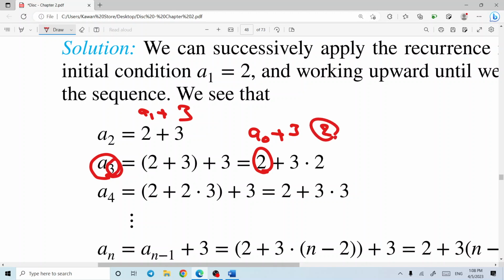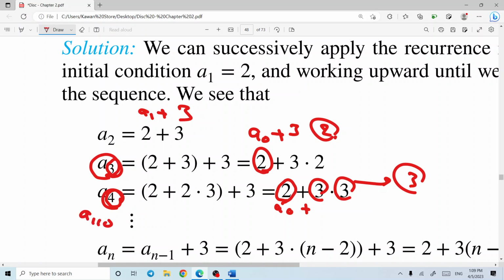Am I right? a_4 equals a_0 plus 3 multiplied by 3, and here it is 4. Clear? So a_10 would be 2 plus 3 multiplied by 9. You got it? a_n is 2 plus 3 multiplied by n minus 1.